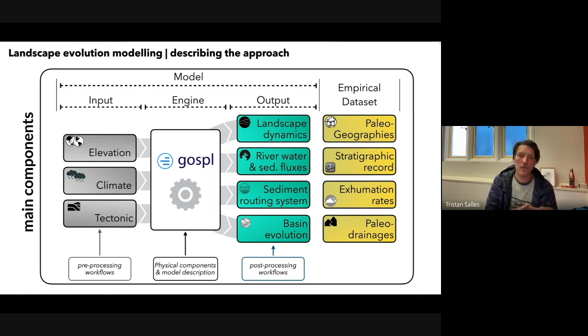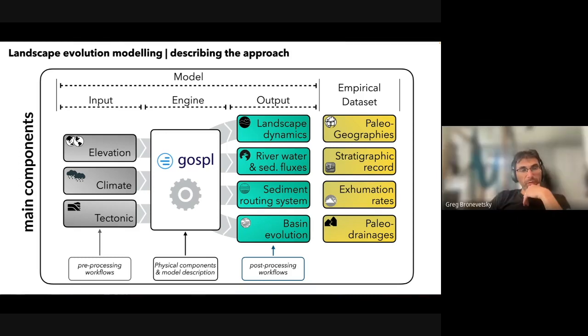And what we can do here is basically test how a specific reconstruction is able to reproduce some data that we've got, and by that way figure out a more quantitative way of assessing these reconstructions. Got it. So it's another form of validation.